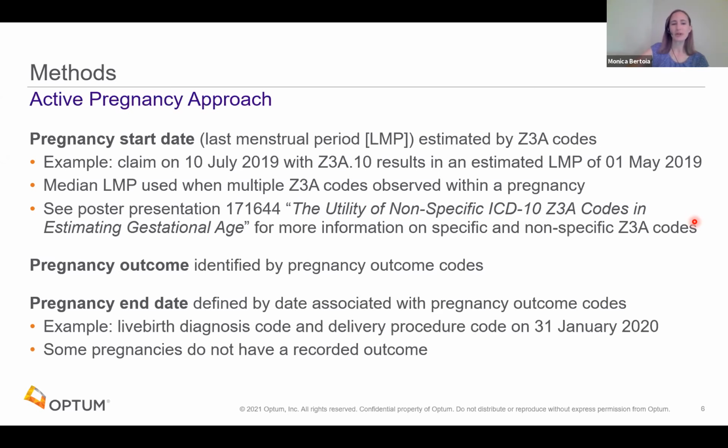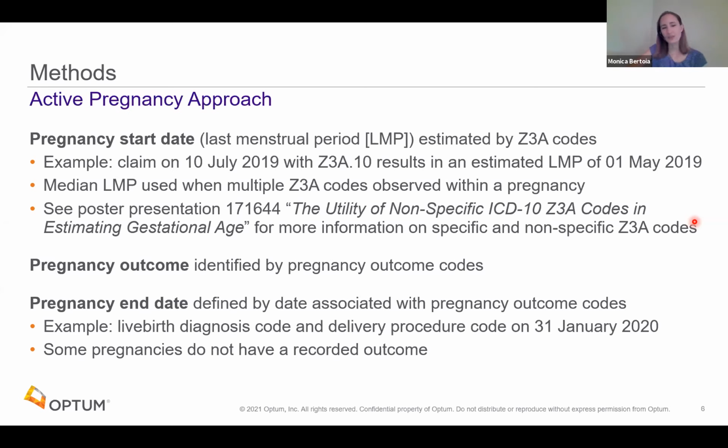For example, if a woman had a claim on July 10th with Z3A code 10, denoting 10 weeks gestation, we backdated to identify the pregnancy start date. So we backdated 10 weeks, yielding an estimated LMP or pregnancy start of May 1st.